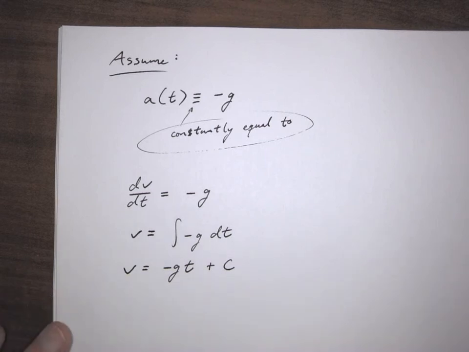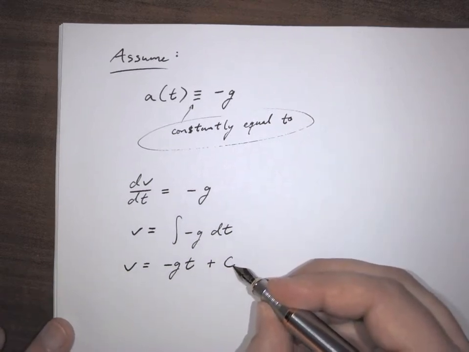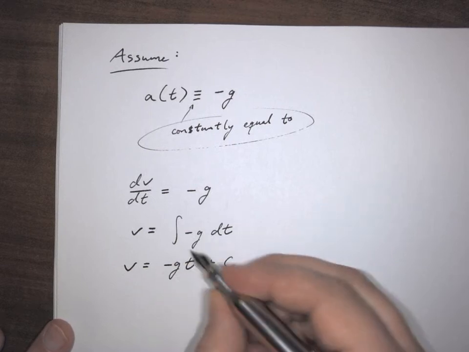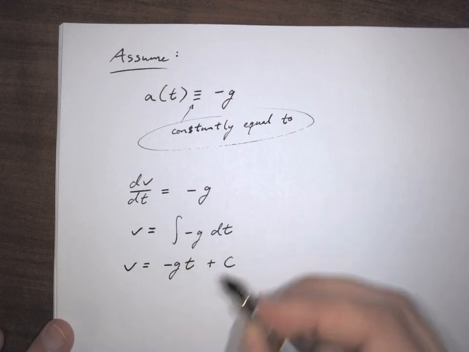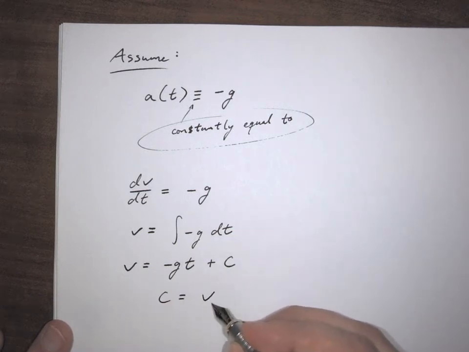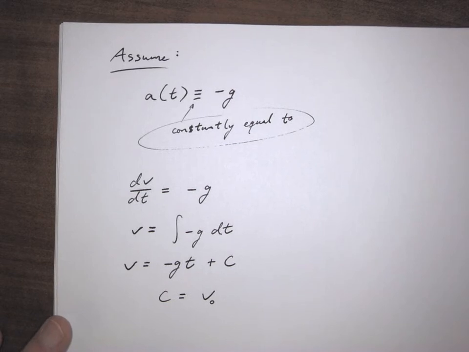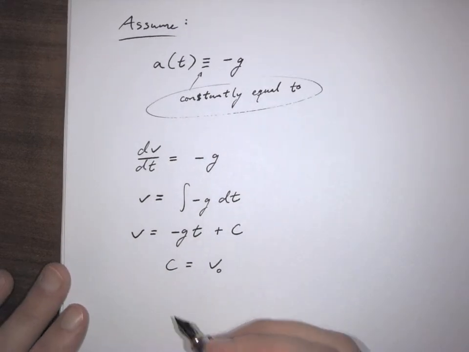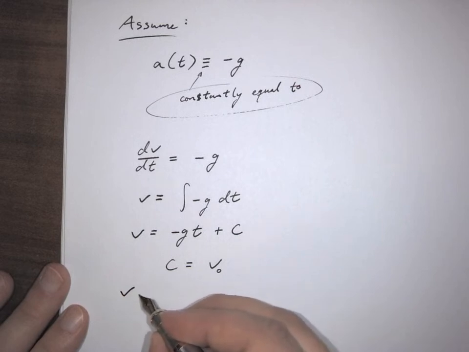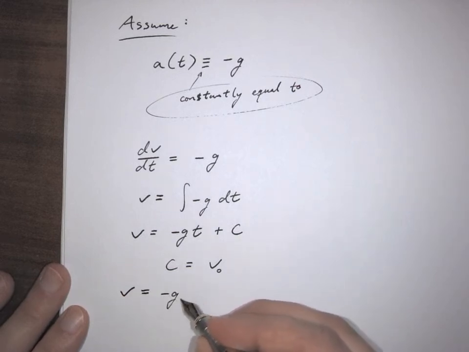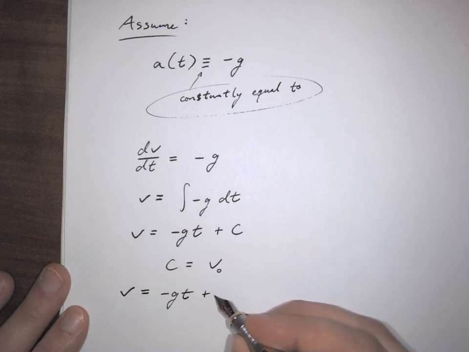Now, the role of this c in this case is that when t equals 0, this whole term will disappear, and this will be all that's there. In other words, c is going to be the same as the initial velocity, which we will frequently write with a v0. So the velocity is equal to negative gt plus v0.